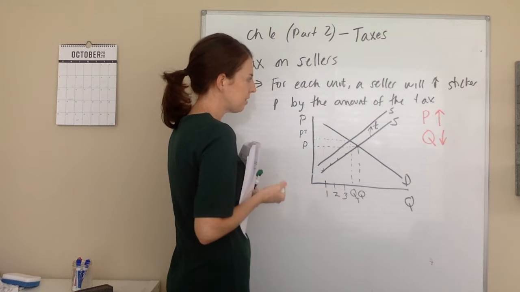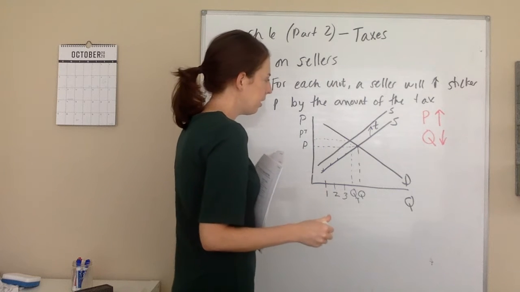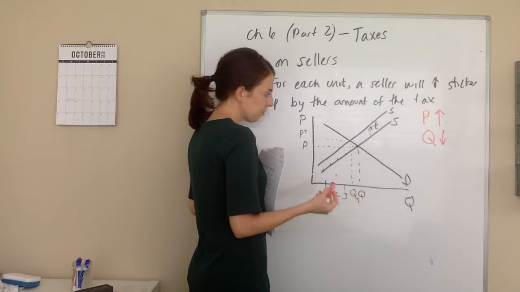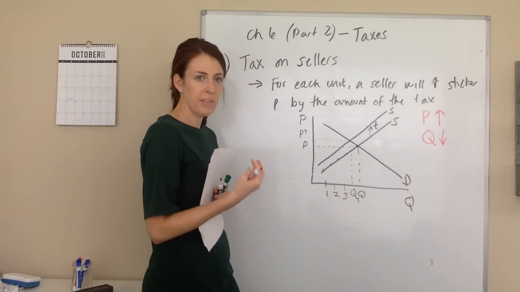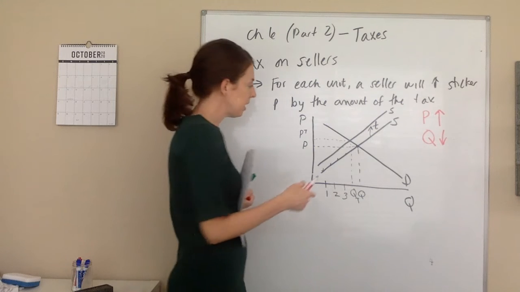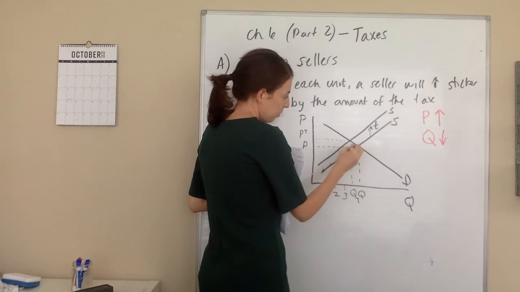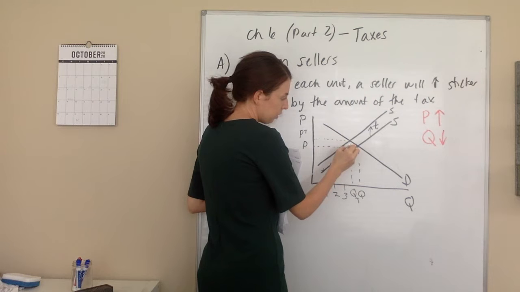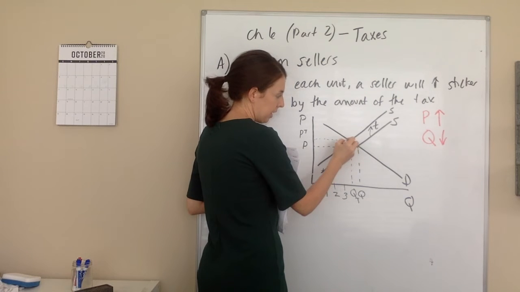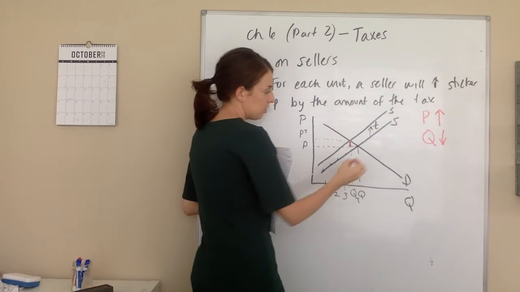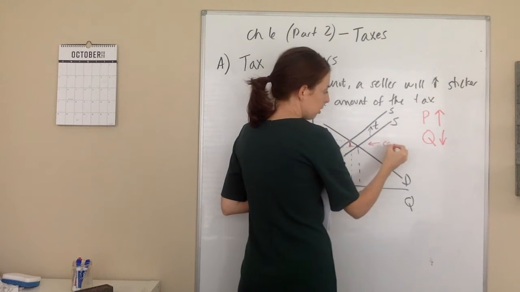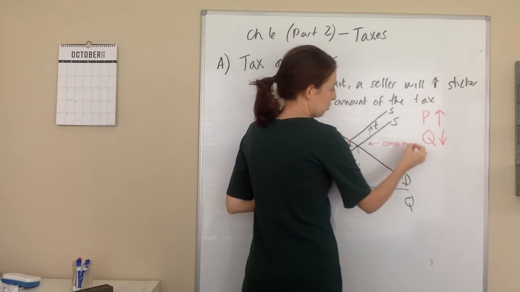So what this means is if you are a consumer, then the amount that you're hurt by the tax, or the amount that your effective price goes up, is the difference between the original equilibrium price that you were paying and the new equilibrium price that you're paying. So this leg of the tax is going to be the consumer's tax burden.